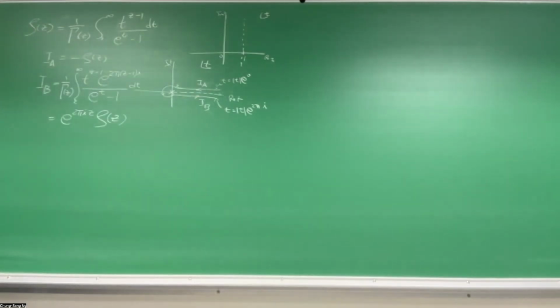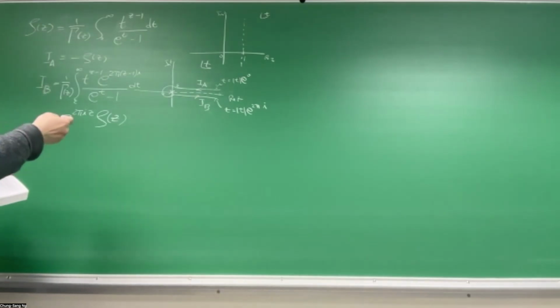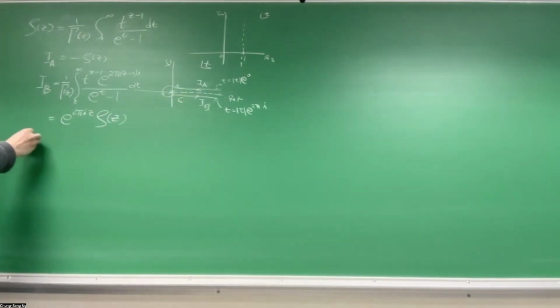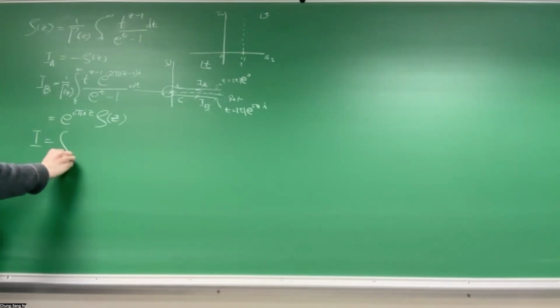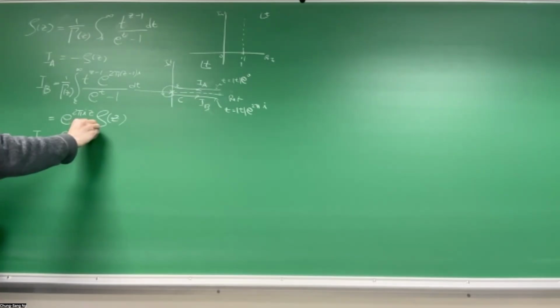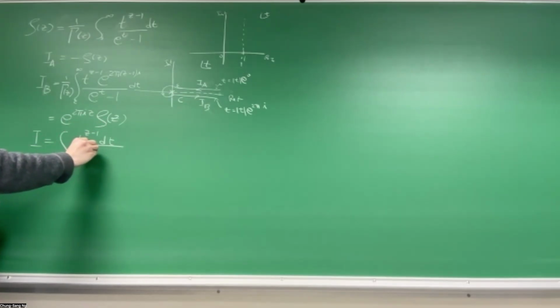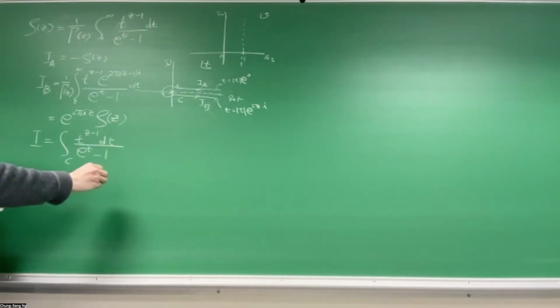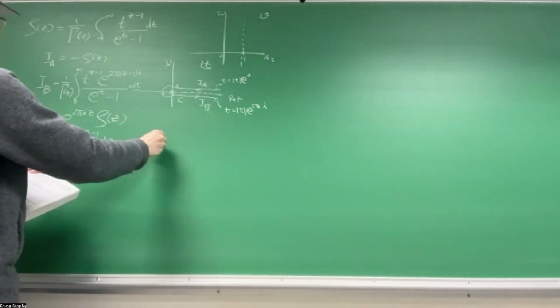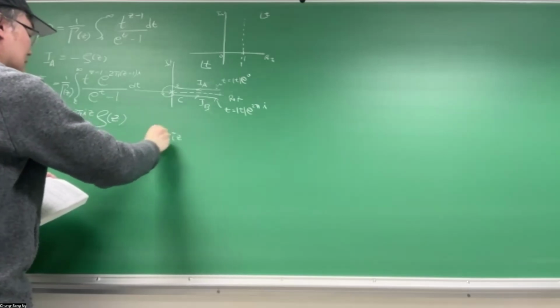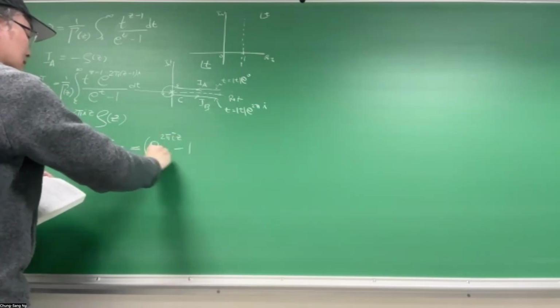Okay, so we do this integral and call this contour C. This integral I defined as this contour integral of t to the z minus 1 dt over e to the t minus 1, which, combining the two, is e to the 2 pi I z minus 1.